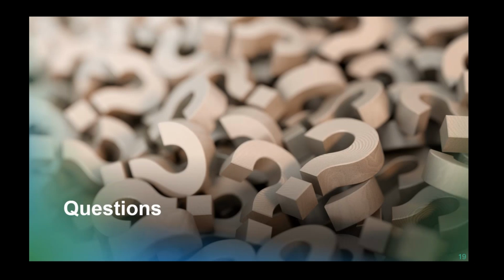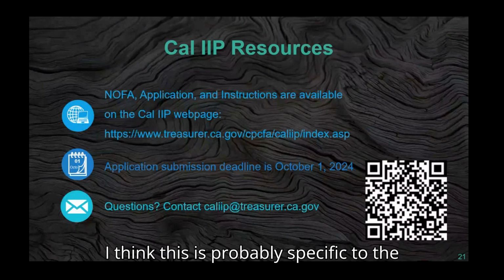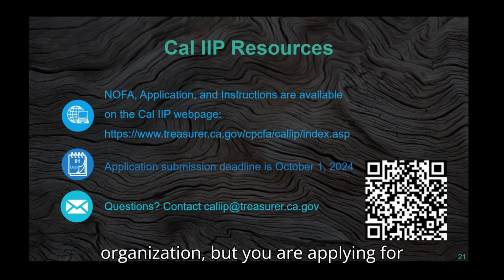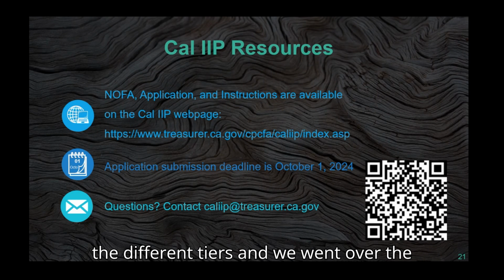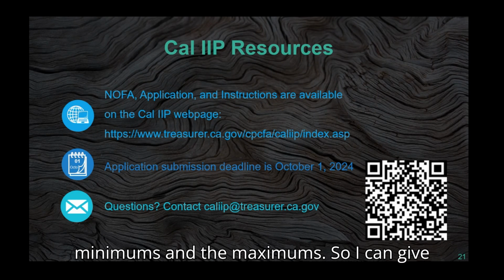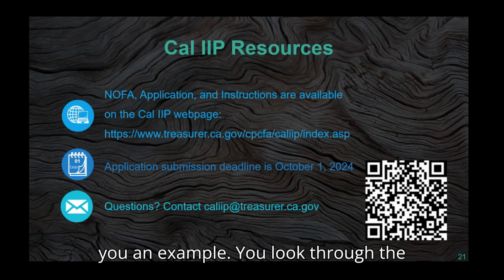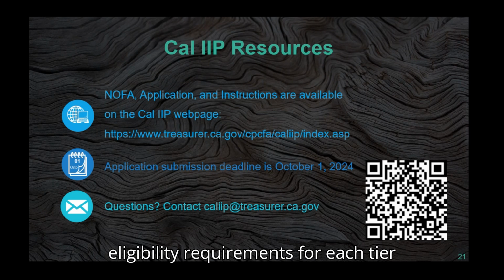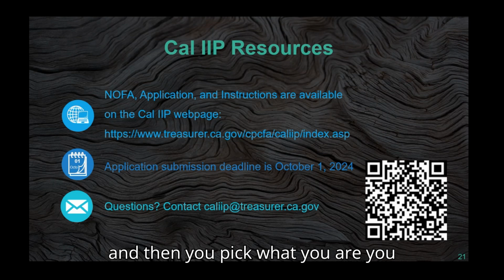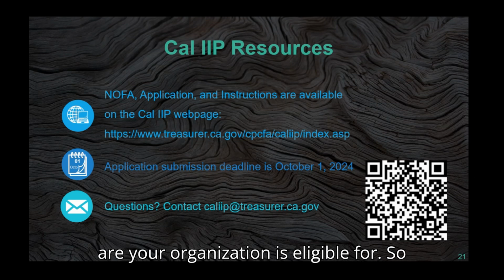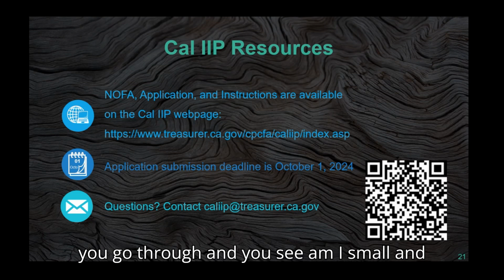I think this is probably specific to the organization, but you are applying for the different tiers, and we went over the minimums and the maximums. I can give you an example. You look through the eligibility requirements for each tier, and then you pick what your organization is eligible for. So you go through and you see, am I small and emerging?